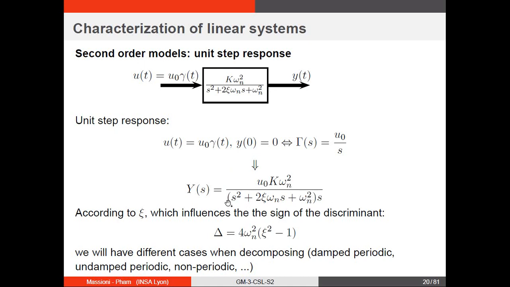It depends on the sign of the discriminant, which in turn depends on psi, what we call the damping factor. According to the sign of psi, which determines the sign of the discriminant, you might have different cases, which we are going to see here.